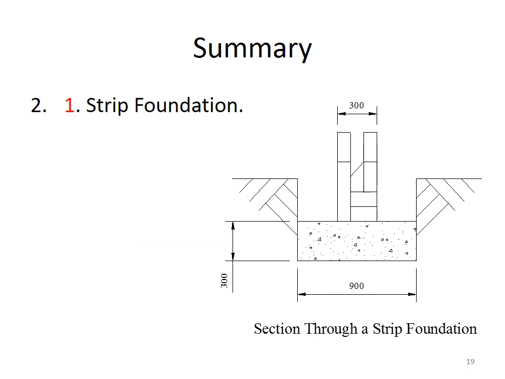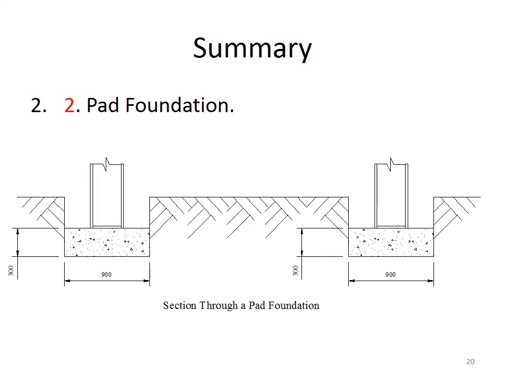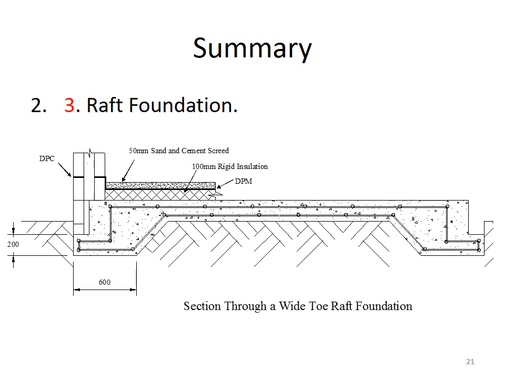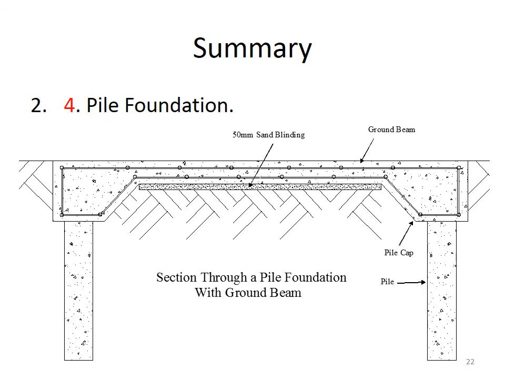So we also did a sectional sketch through a strip foundation. We did a sectional sketch through a pad foundation. We did a sectional sketch through a raft foundation. And finally a sectional sketch through a pile foundation.